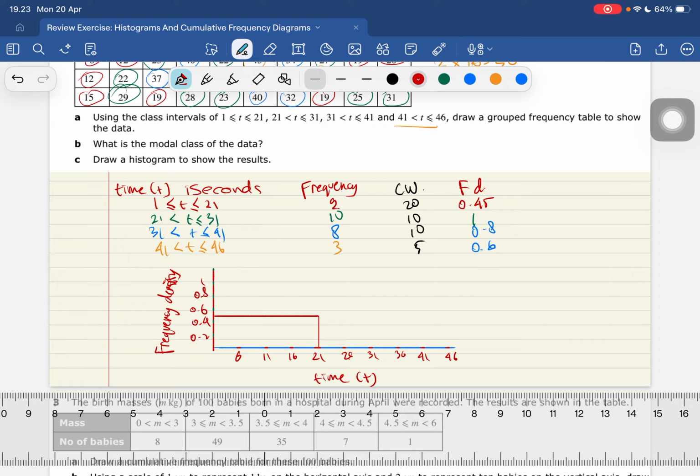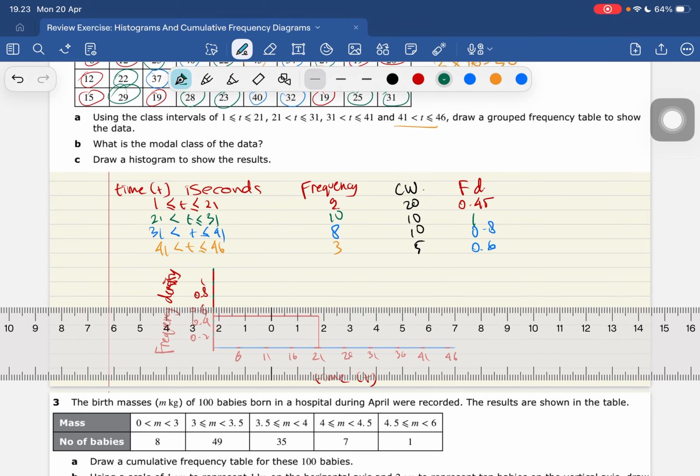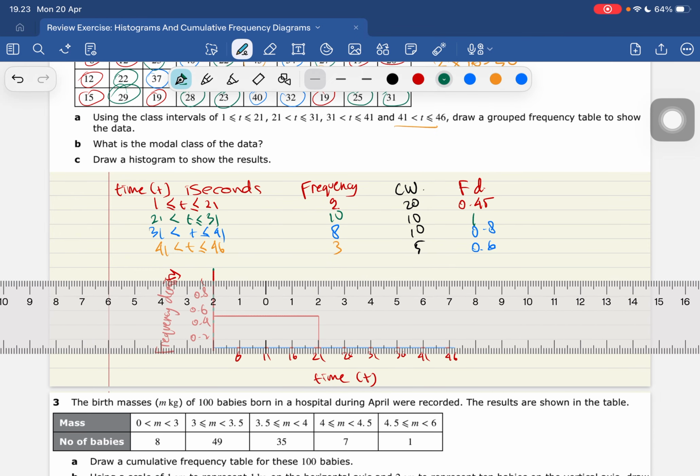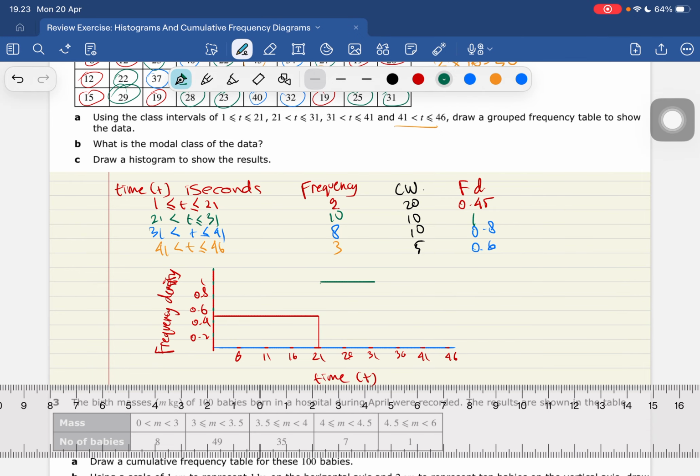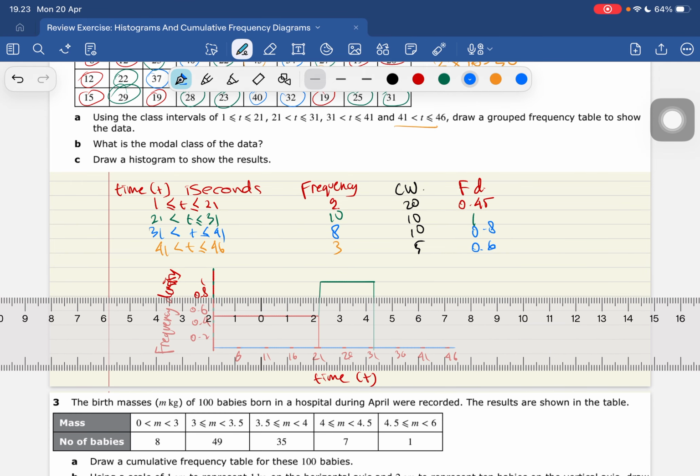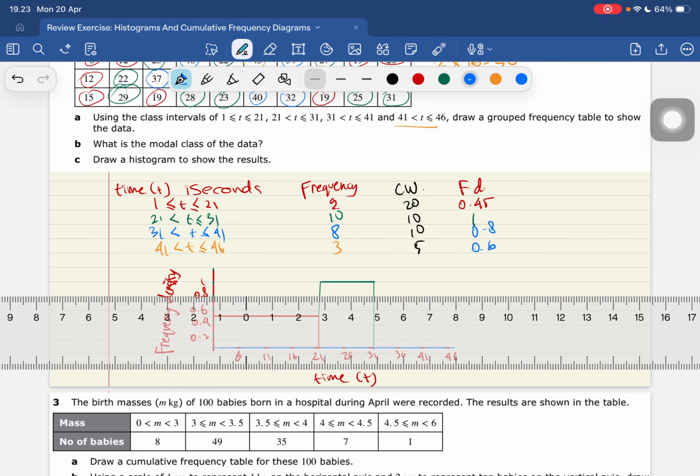From 21 to 31, the frequency density equals 1. From 31 to 41, it is 0.8.